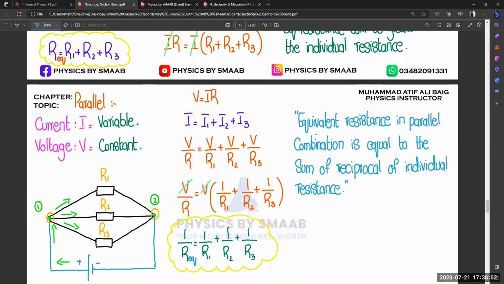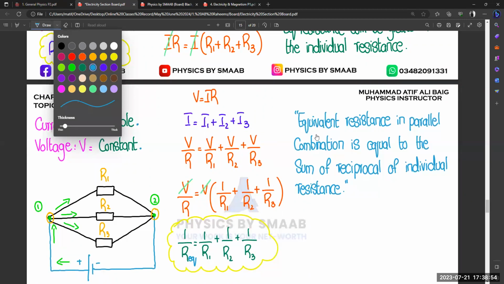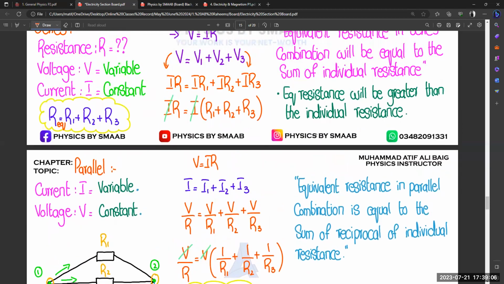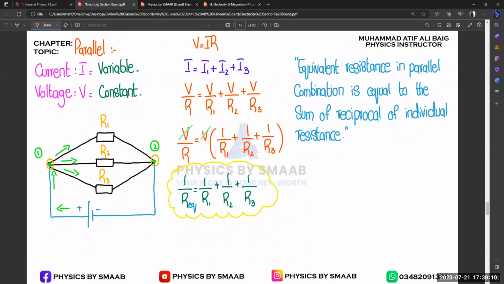And one more thing related to the parallel formula, that is, if we combine all the resistances, your final equivalent resistance will be less than the individual resistances, right? Like this statement, I will also show you by the numbers that we already wrote, how these values confirm whether we are writing wrong or right.